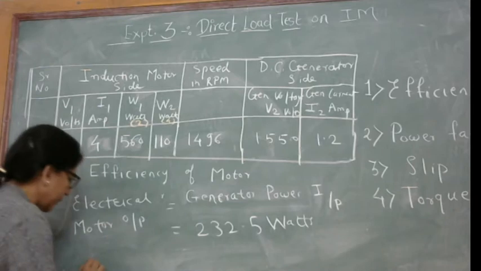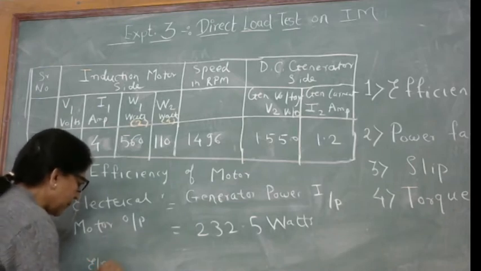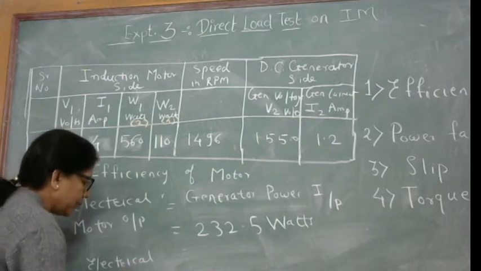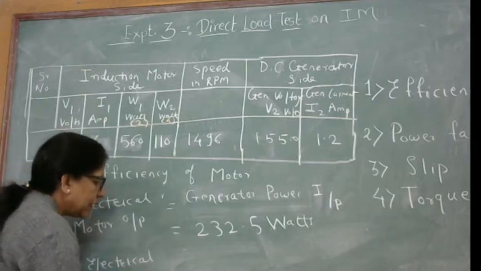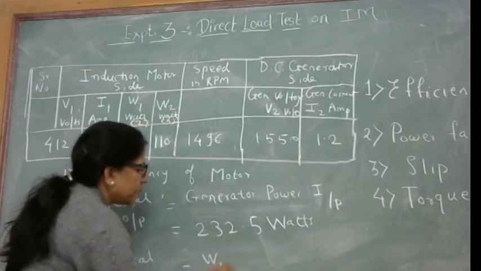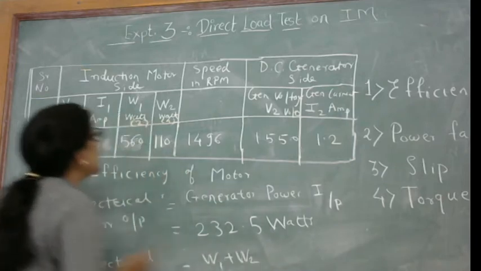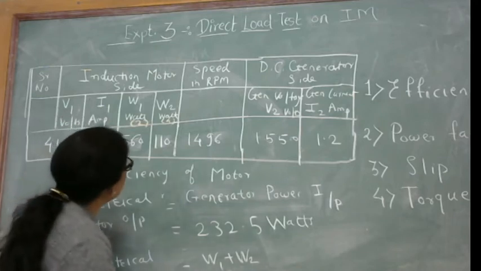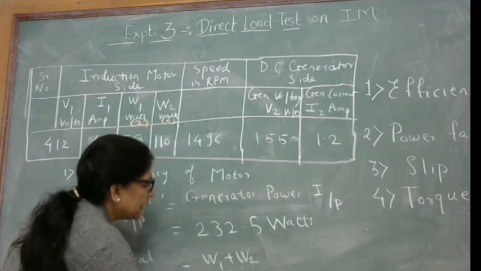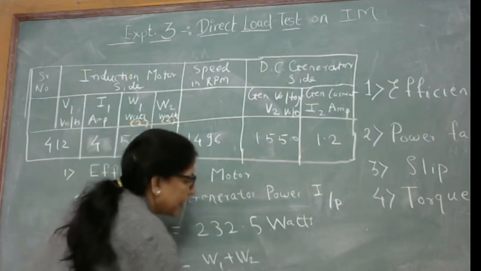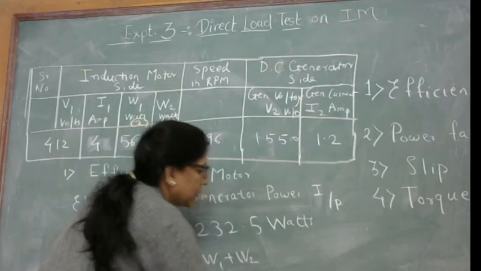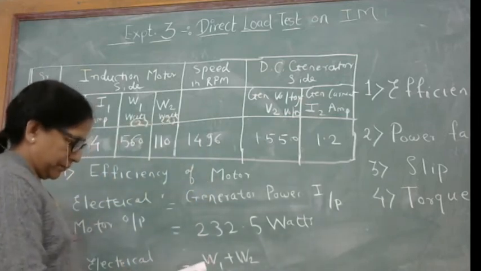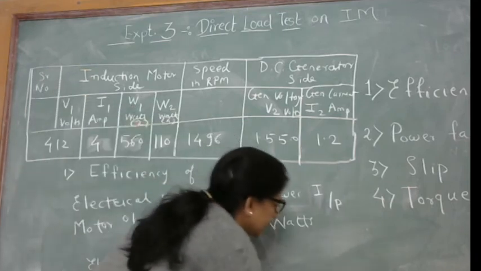Now we know that electrical input to motor is W1 plus W2, as our two wattmeters are having the multipliers as 2 and 4, we get this input as 560 into 2 plus 110 into 4. So this power is equal to 1560 watts.